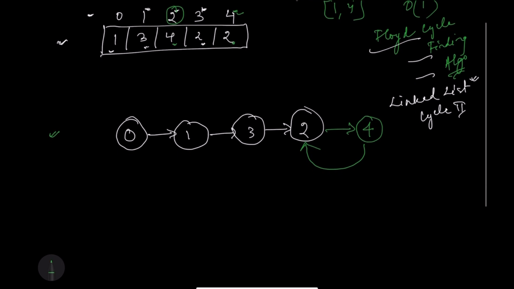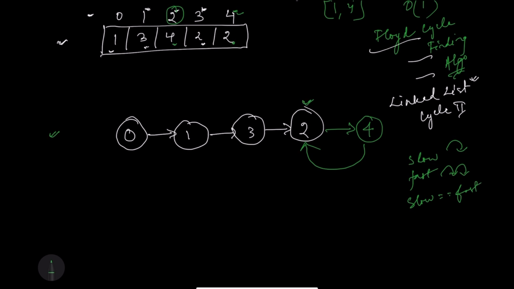So what we can do is take two pointers, slow and fast. We move our slow pointer by one step and our fast pointer by two steps. At some point our slow and fast will meet at a single point. Once we have that, to find the duplicate number, we reset our slow pointer to the initial position.